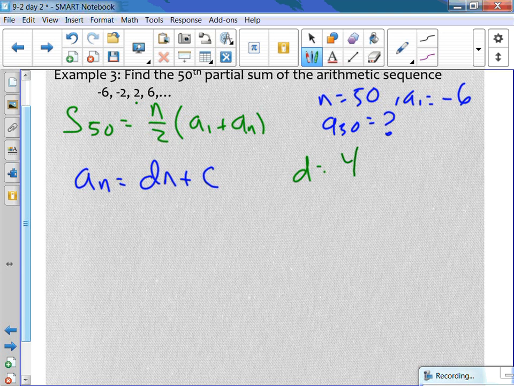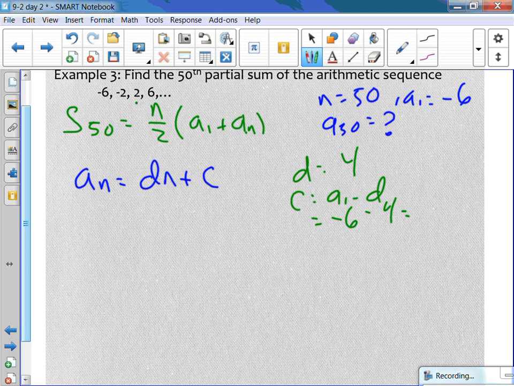Do I know my c? Can I find c? Remember, c equals a1 minus d. Our a1 is negative 6. d was positive 4, so subtracting gives us negative 10.